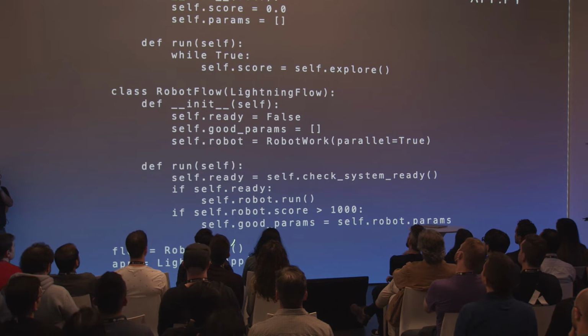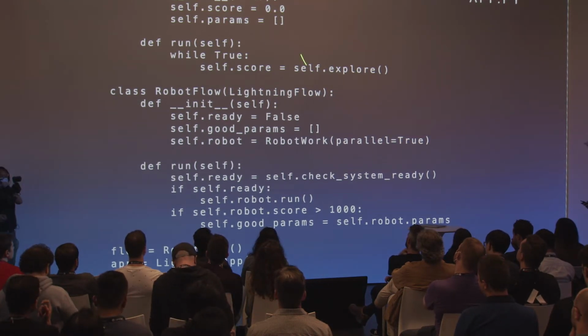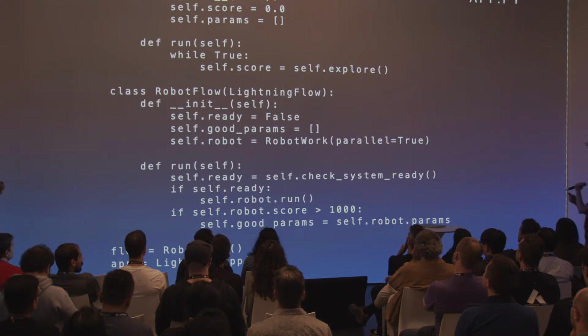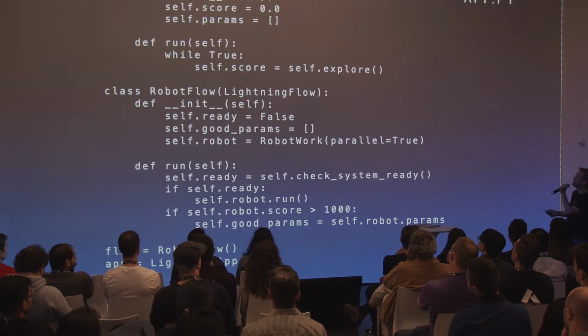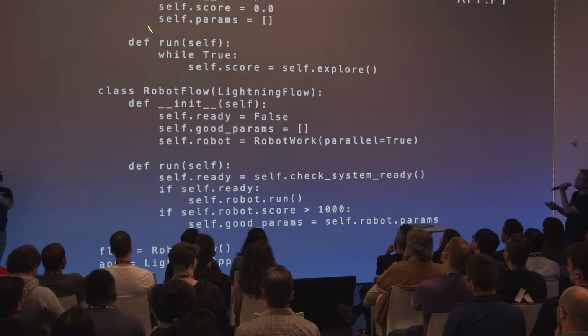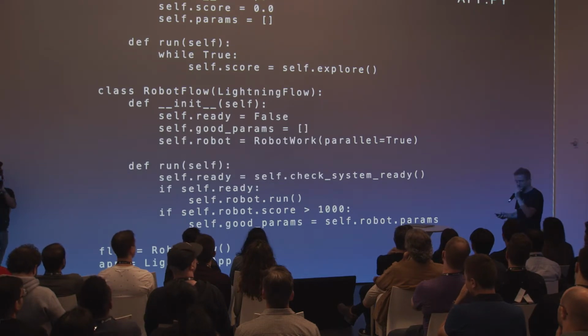So the robot needs to explore, and you want to save its parameters where the exploration is great. So what you would do to build such an application is you would say, okay, dear robot, just keep exploring and collecting your score. So this thing is actually a blocking thing. It's a while true. It will never exit.